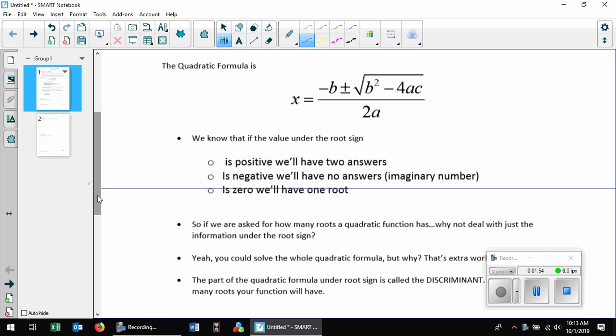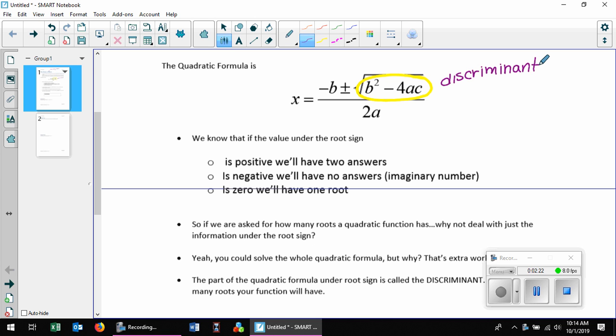So what we're looking at today is just what's under the root sign. This is called your discriminant. So it's inside the quadratic formula. I will never give you the discriminant, quote-unquote, formula because it's inside your quadratic formula. This is just to help you decide, just kind of like visualizing when we first started in chapter 3.